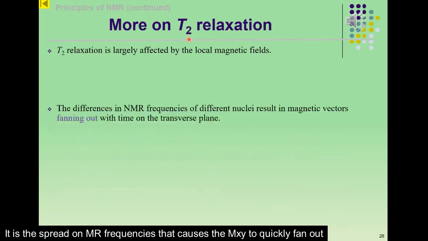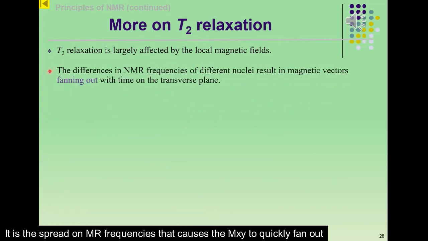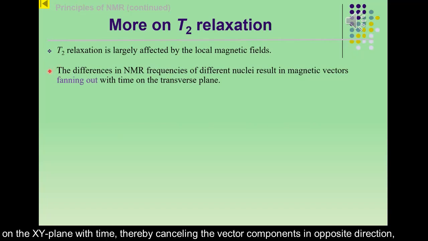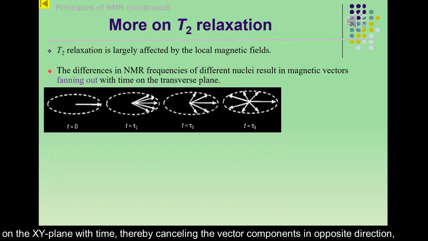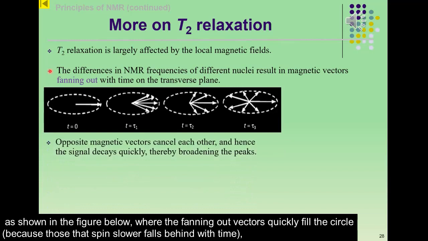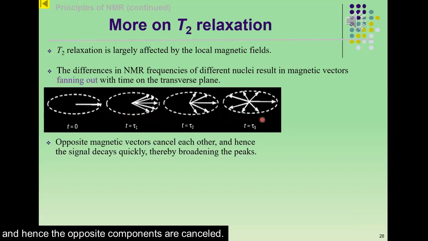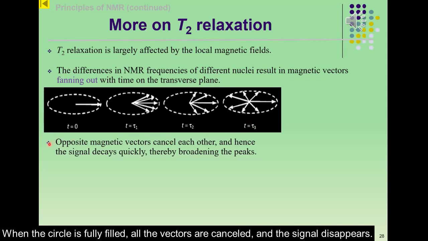It is the spread of NMR frequencies that causes Mxy to quickly fan out on the XY plane with time, thereby cancelling the components in opposite directions, as shown in the figure below, where the fanning out vectors quickly fill the circle, and hence the opposite components are cancelled. When the circle is fully filled, all of the vectors are cancelled, and the signal disappears.